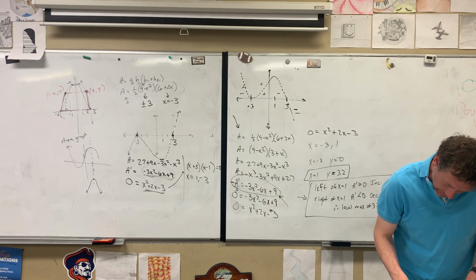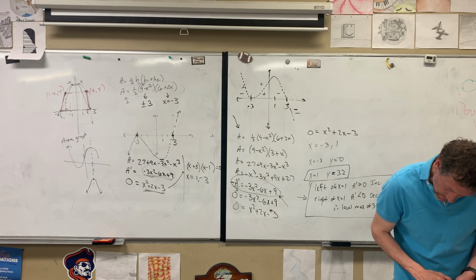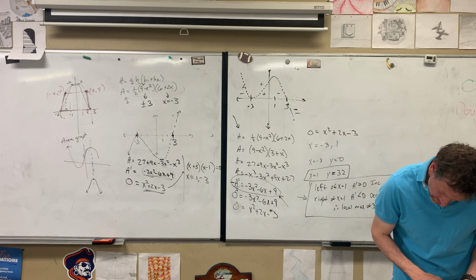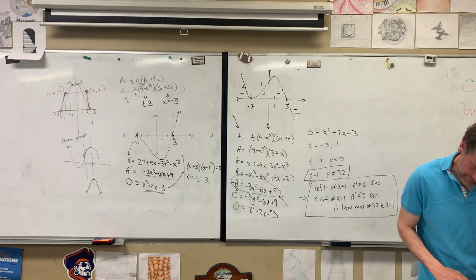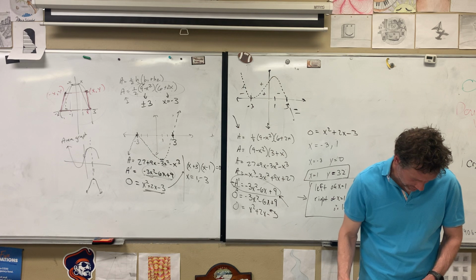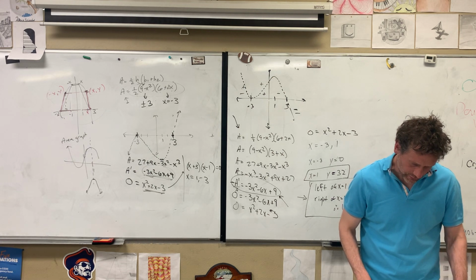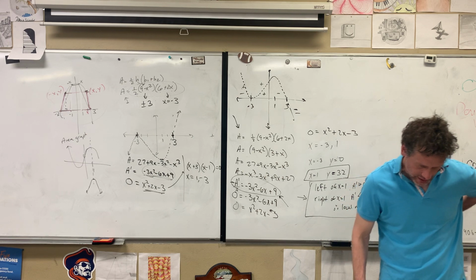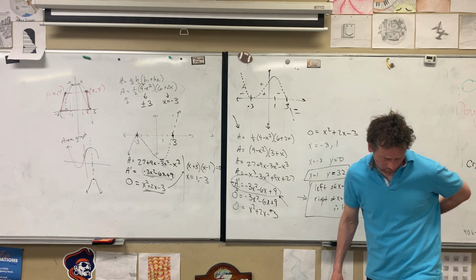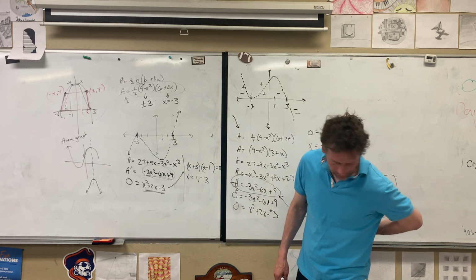Okay, now let's take a look at number 5. So these are some of your homework problems. Number 5 says congruent squares are cut from the corners of a rectangular sheet of metal that is 8 wide and 15 long, and then it makes an open box.